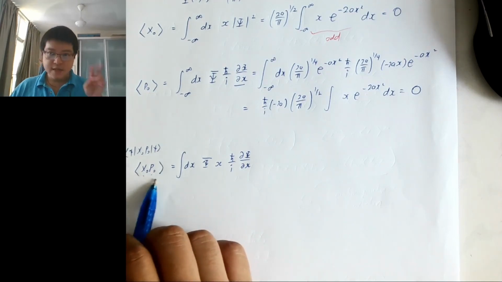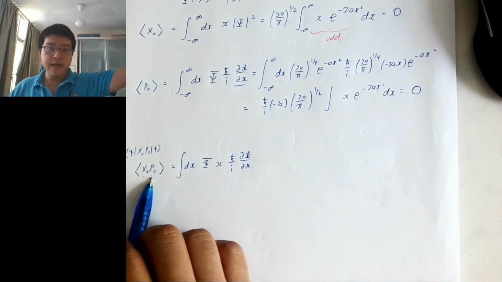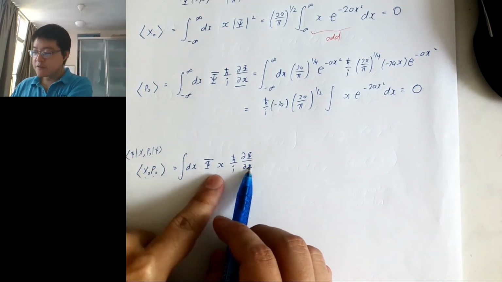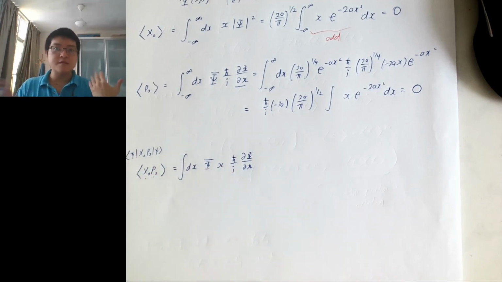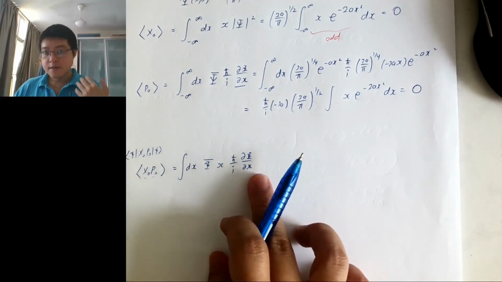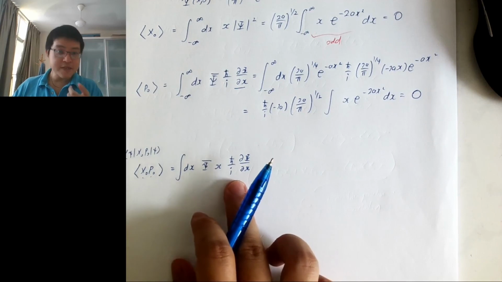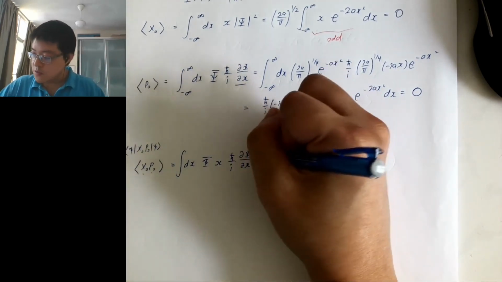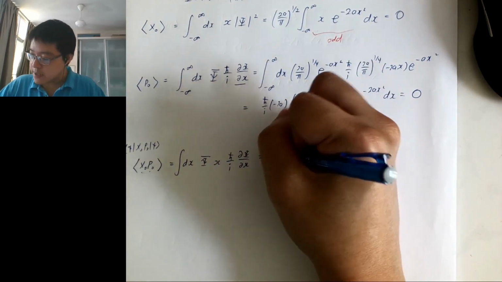If you recall last time, the reason why position and momentum do not commute is that if you do the derivative outside, because of the product rule, there's a difference here. So the difference actually is related to the product rule. But let's calculate this. There's a constant h bar over i. Let me take out the factor.